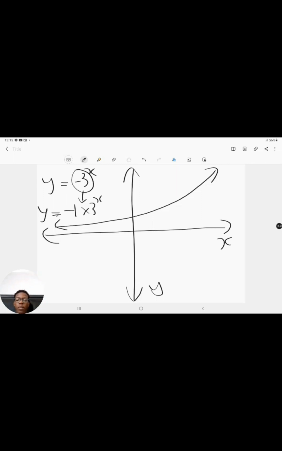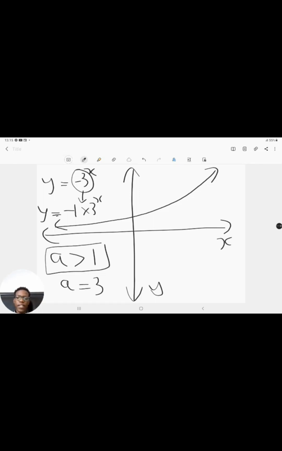Now, how do I know this? Why am I saying it's minus 1 times 3 to the power of x? Remember, in the very first video of our lessons on exponential functions, I said to you a is greater than 1. So we're only covering exponential functions for the situation where a is greater than 1. In this case, a is equal to 3. a is not equal to negative 3.